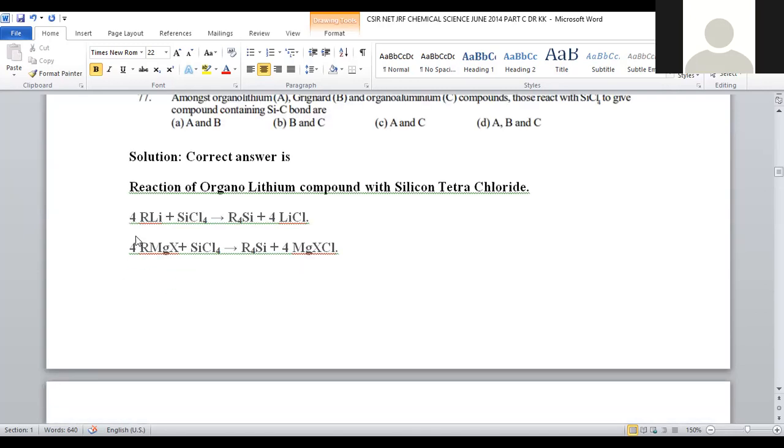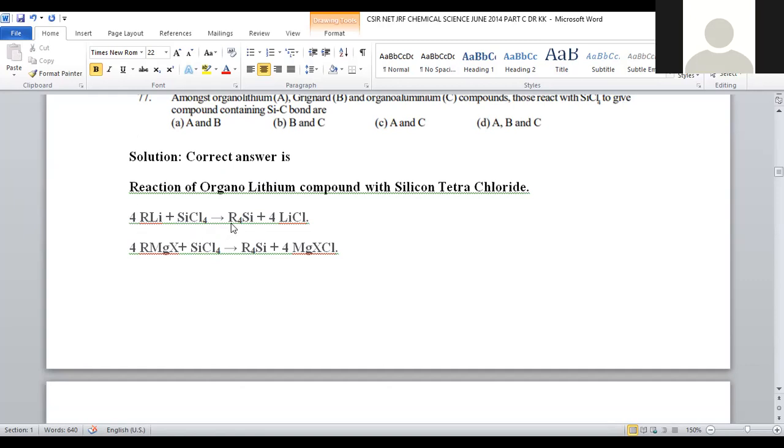First, organolithium. Organolithium is nothing but alkyl lithium, right? You may take methyl lithium, ethyl lithium, propyl, phenyl lithium, whatever. So that alkyl group denotes what? Organolithium compound. And it is treated with silicon tetrachloride. Lithium being monovalent and silicon tetravalent, we require 4 moles of alkyl lithium compound.